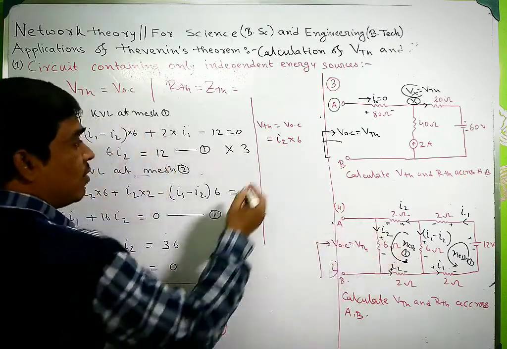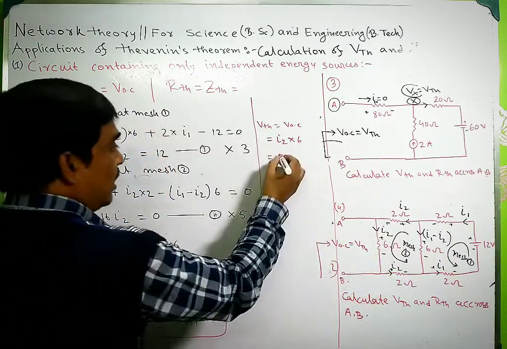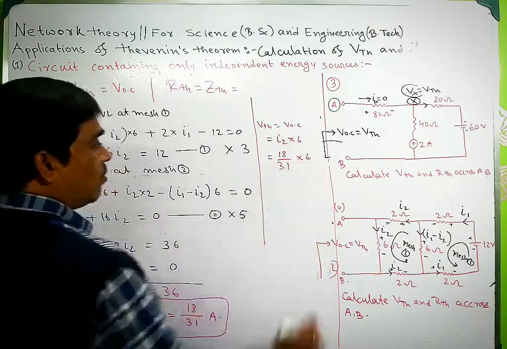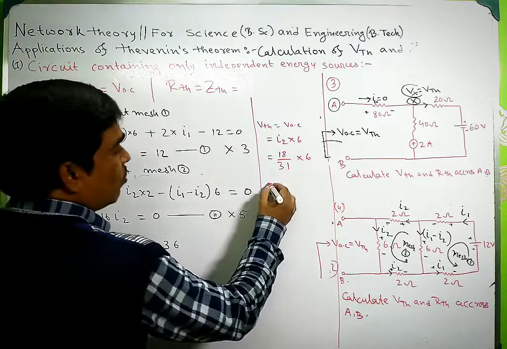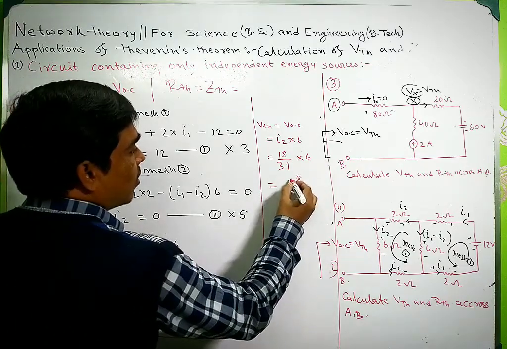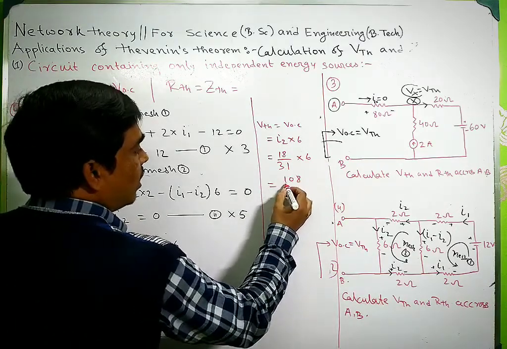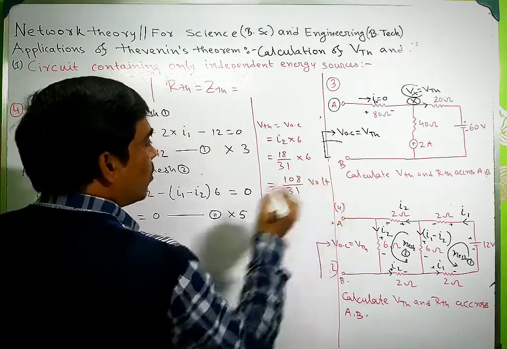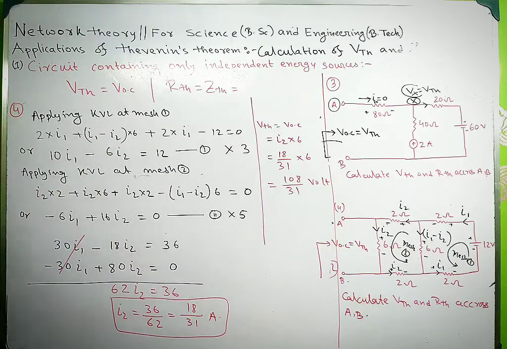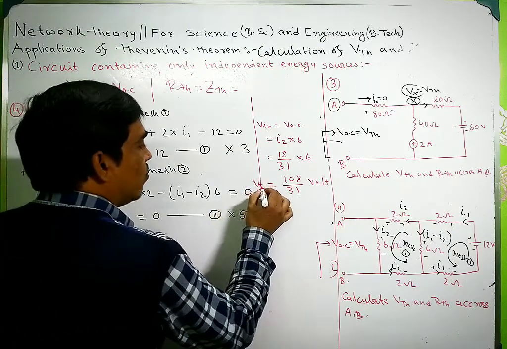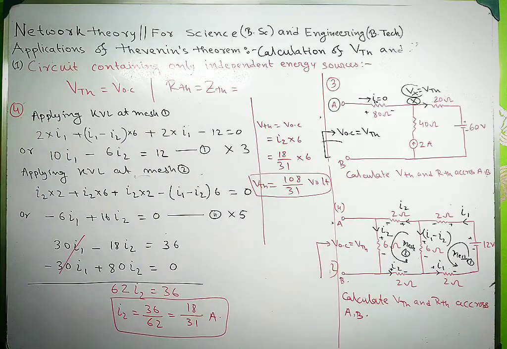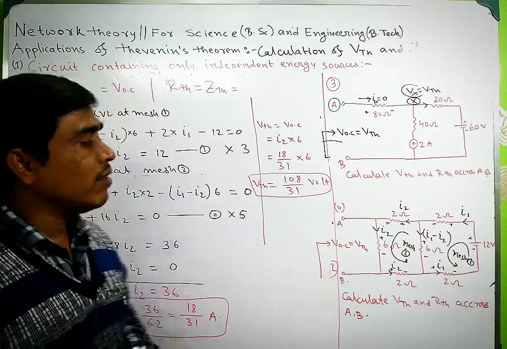Here I2 is 18 divided by 31, multiplied by 6, so it will be 108 divided by 31 volt. Okay, so this is VTH. In this way you can easily calculate the VTH of this circuit.